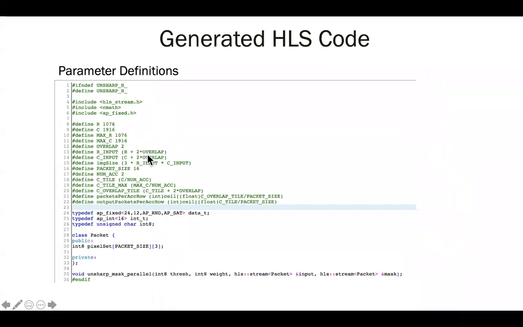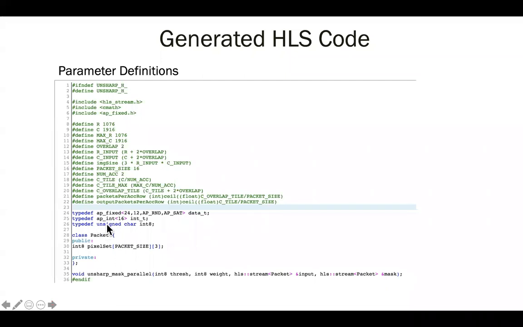But this is the HLS code associated with the unsharp mask pipeline. You can see it's quite a bit of code. The code is not yet over.